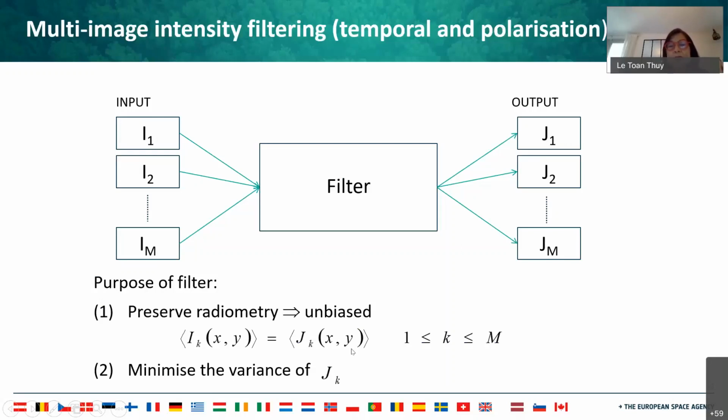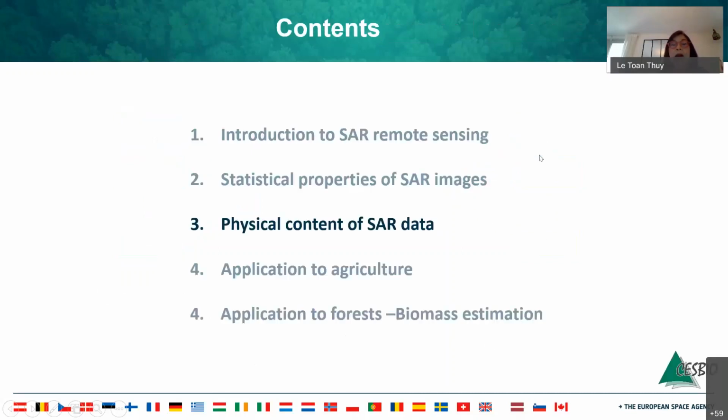There's no change in the mean value of a homogeneous area, but the variance is reduced. There are also textbooks, with a lot of things about those SAR image properties, that you can make use of when you want to go into detail.